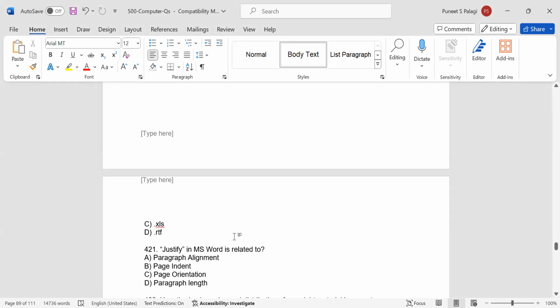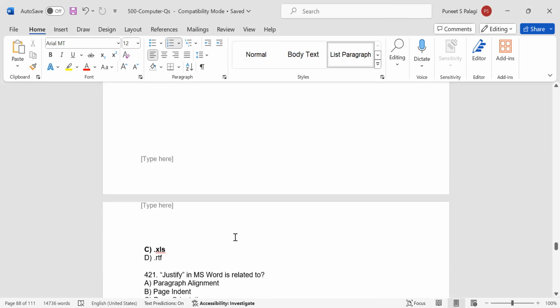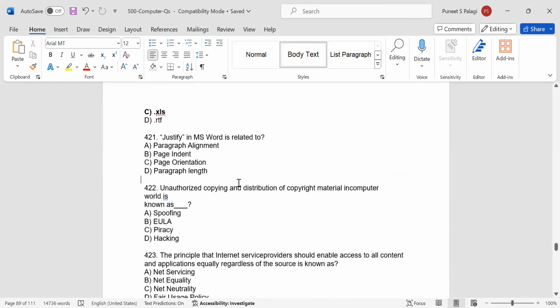It is .xls. Justify in MS Word is related to paragraph alignment, page indent, page orientation, paragraph length. It is paragraph alignment.